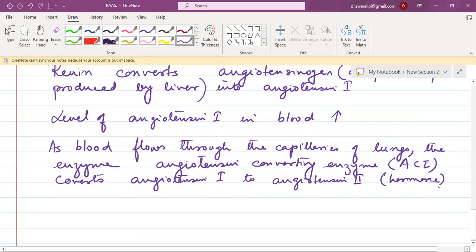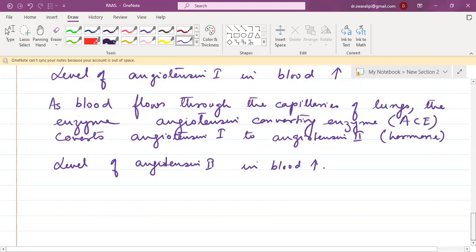Okay, done. Now what happens? The level of angiotensin 2 in blood increases. Agree? Angiotensin 2 is repeatedly occurring now, so definitely the level of angiotensin 2 in blood will increase. Now what happens next?